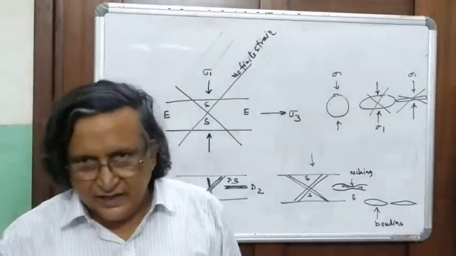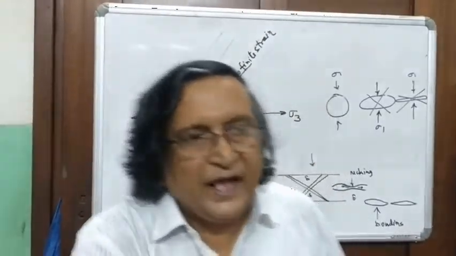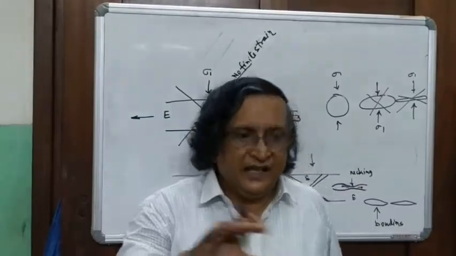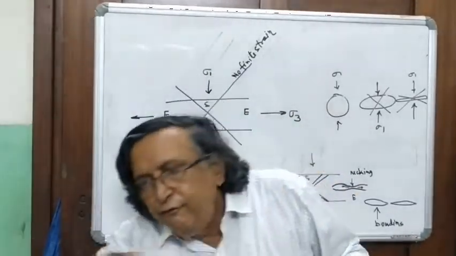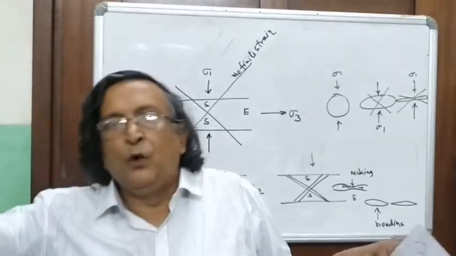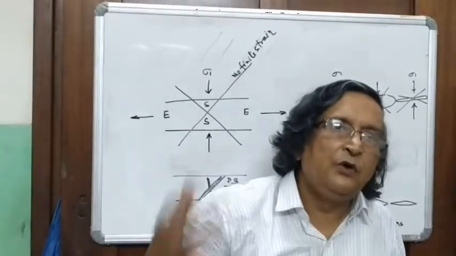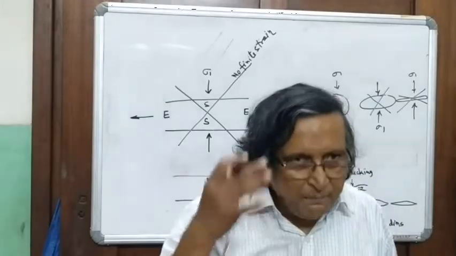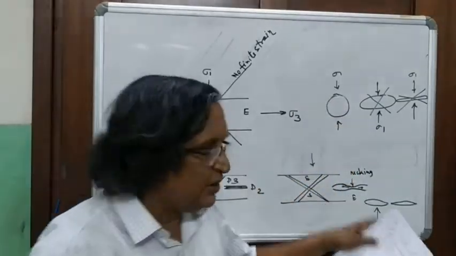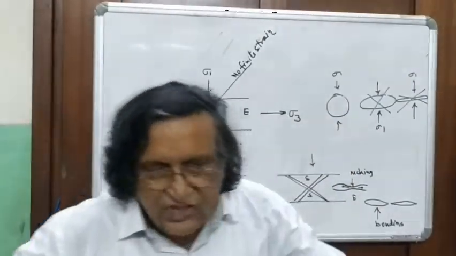Rheologically competent layers undergo boudinage, whereas the incompetent layer around the boudins, they flow. They just keep flowing around the competent boudin layer, because the boudin cannot flow, because it's very strongly competent, so it tears off.